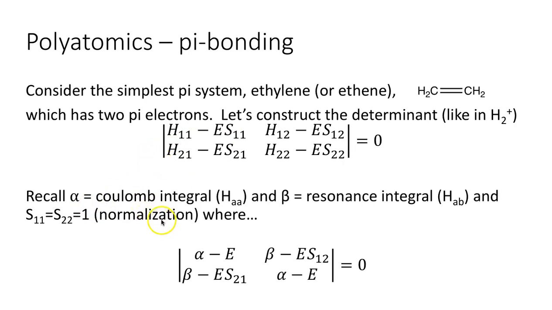If we do that, we simplify this determinant to alpha minus E on our diagonal, and on the off diagonal is beta minus E times the overlap integral. So then we have that 2 by 2 determinant. We could solve that computationally, assuming that we can solve all the integrals associated with alpha, beta, and S.